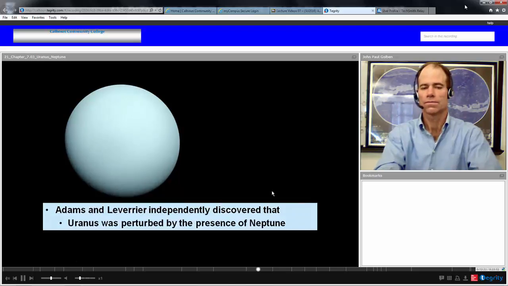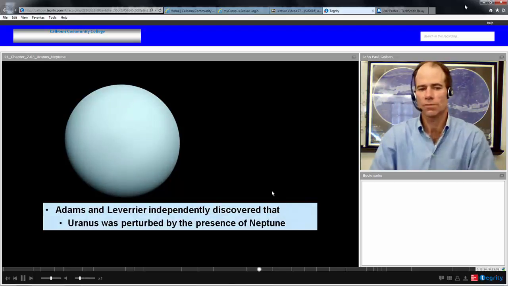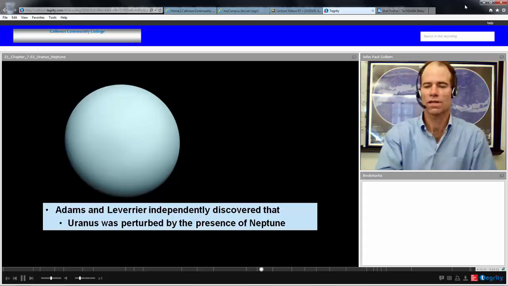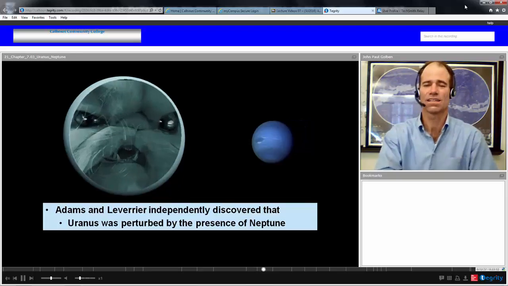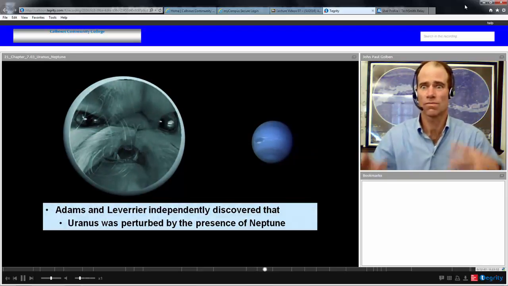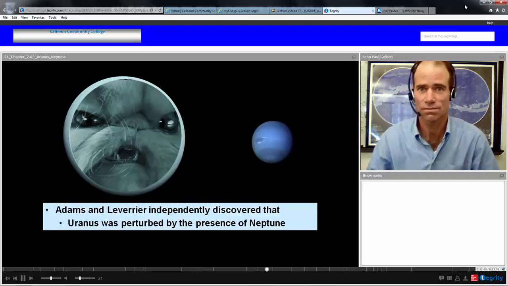Well, two astronomers, Adams and Leverrier, independently discovered that Uranus was perturbed by the presence of Neptune. In other words, Neptune being in its space, Uranus didn't like that. So it definitely was perturbed that some other planet would venture into the outer solar system, so it was not the last planet in the solar system.